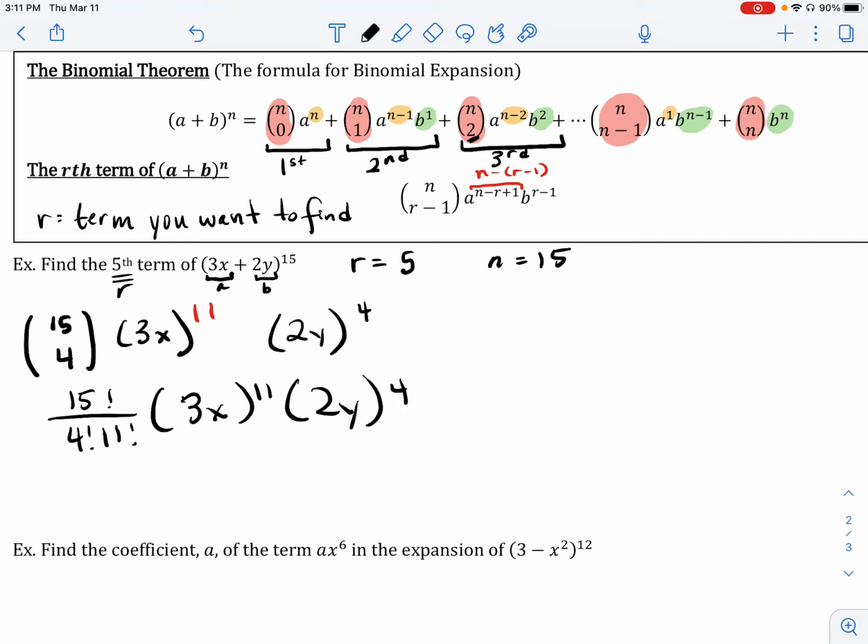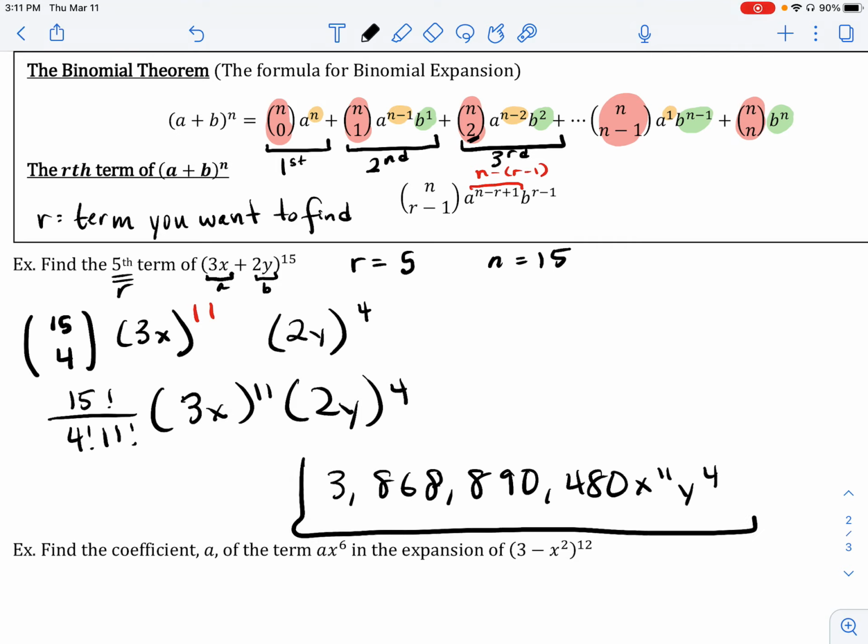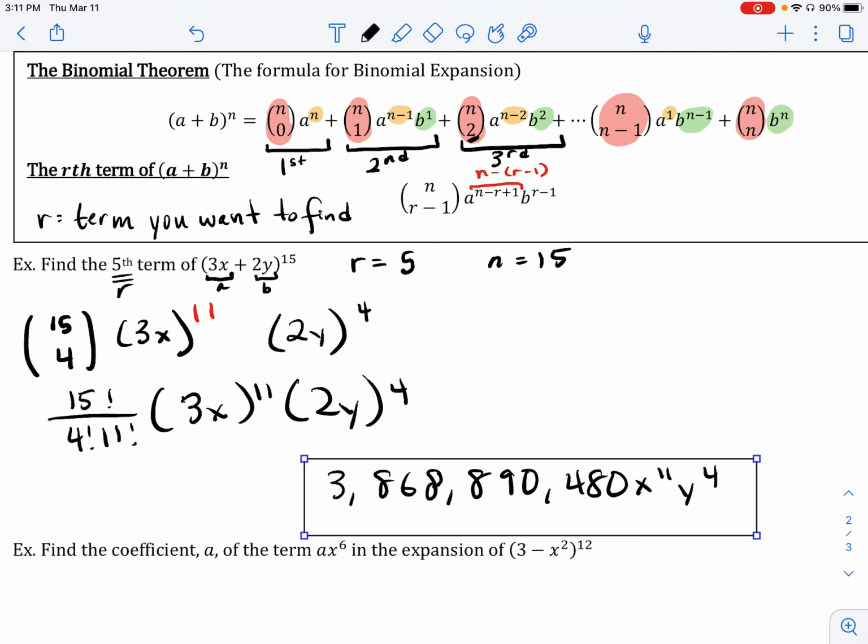A lot of this is something that you would just do in your calculator, but your entire fifth term would be the following. It's a pretty large term here. And that would be the fifth term of this entire expansion.